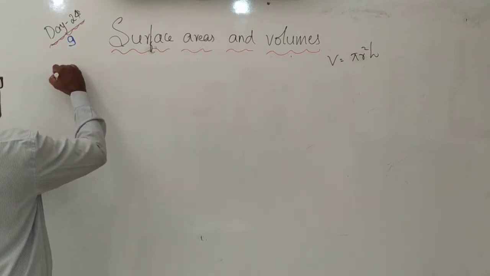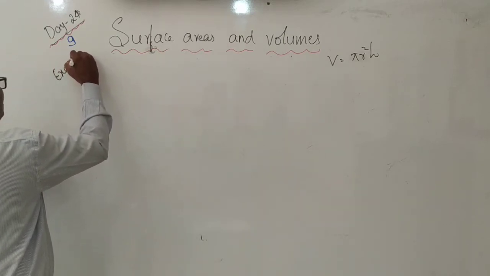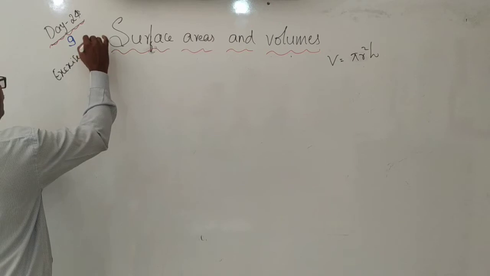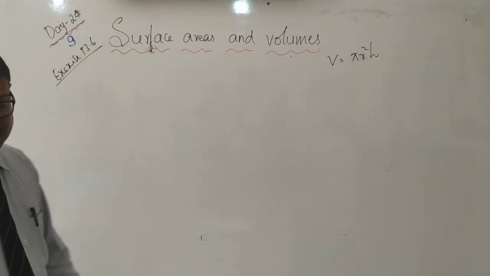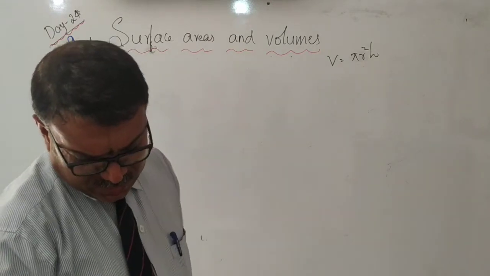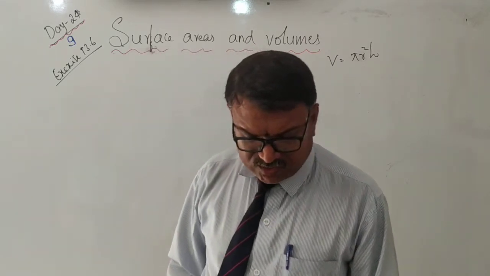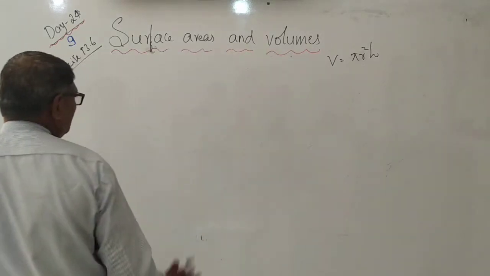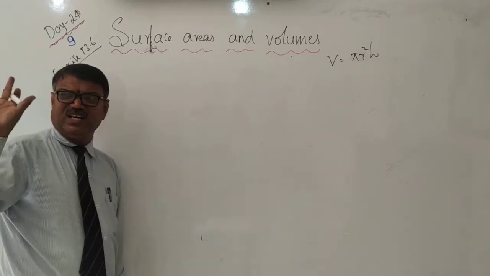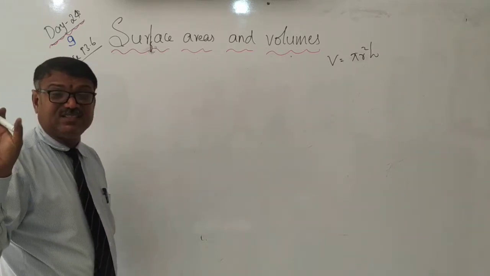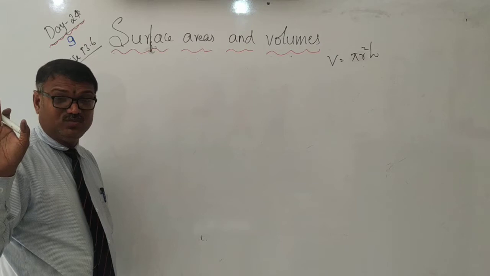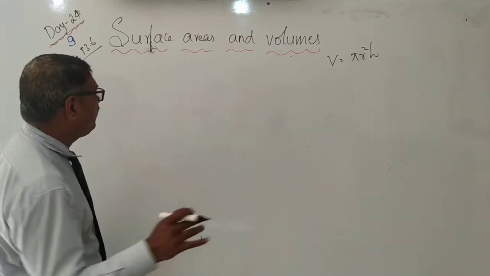Very simple. First problem, you see. The circumference of the base of a cylindrical vessel is 132 centimeters. What is the circumference of a circle? Pi r square? No. 2 pi r. Very good.